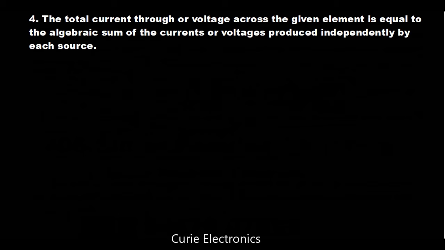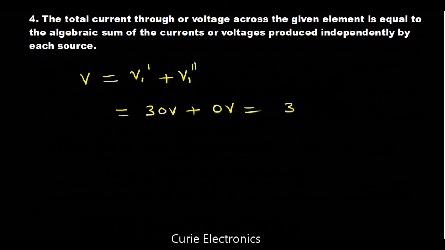The total current through or voltage across the given element is equal to the algebraic sum of the currents or voltages produced independently by each source, right? Now we will take the algebraic sum. So V equals V1 dash plus V1 double dash, which is equal to 30 volt plus 0 volt, that comes to 30 volt. This is a simple example of the superposition theorem.